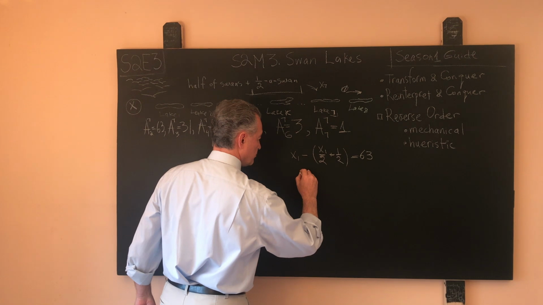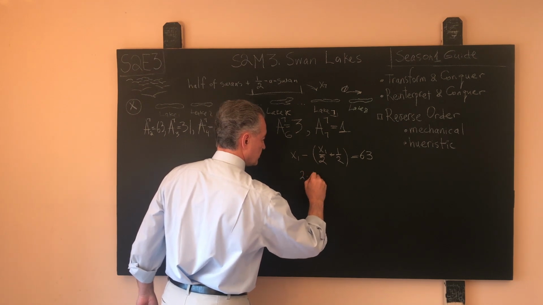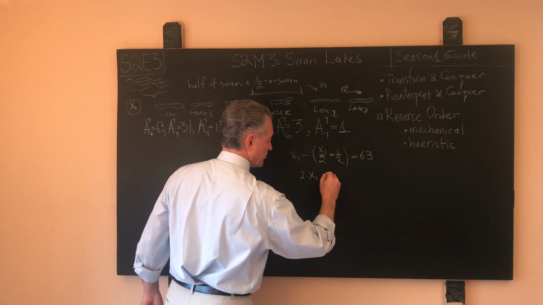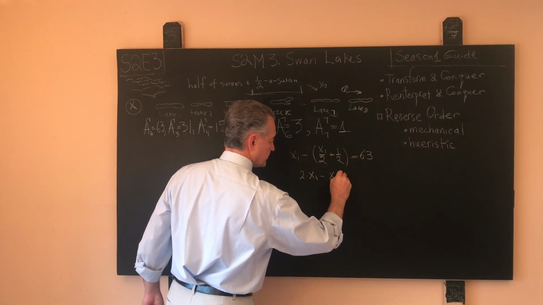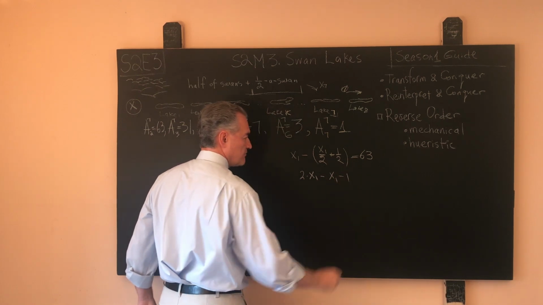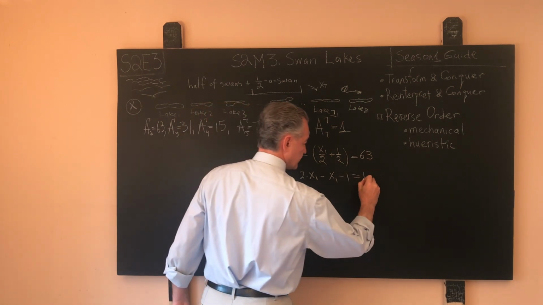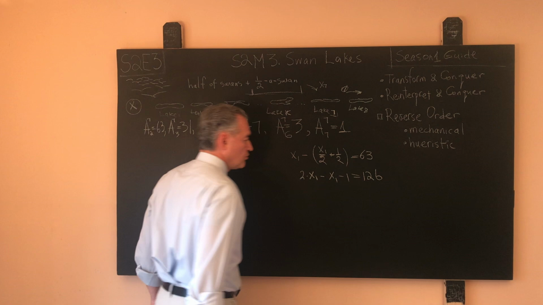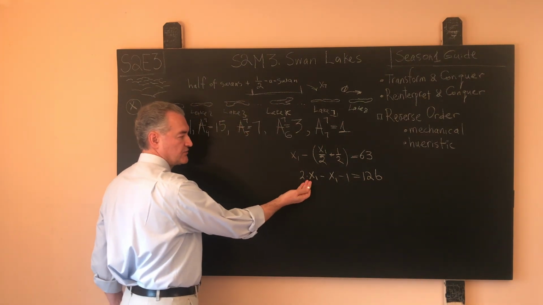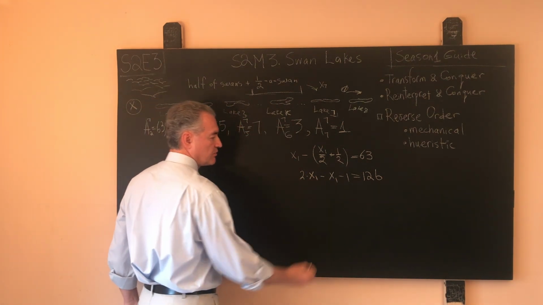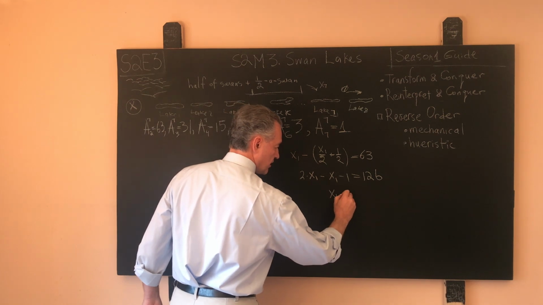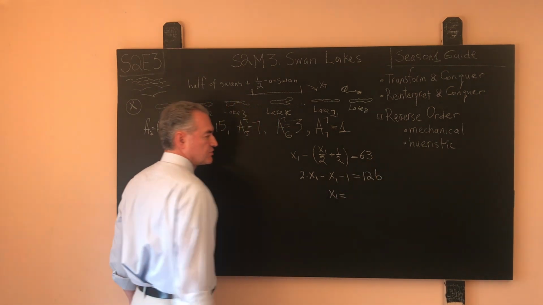And what do we do here? Multiply this guy through. 2 times x sub 1, open up the parentheses right away, minus x sub 1 minus 1 equals 63 times 2, 126. 2 positive copies of x1, 1 negative copy of x1, cancel each other out. Add 1 to both sides of the equation.